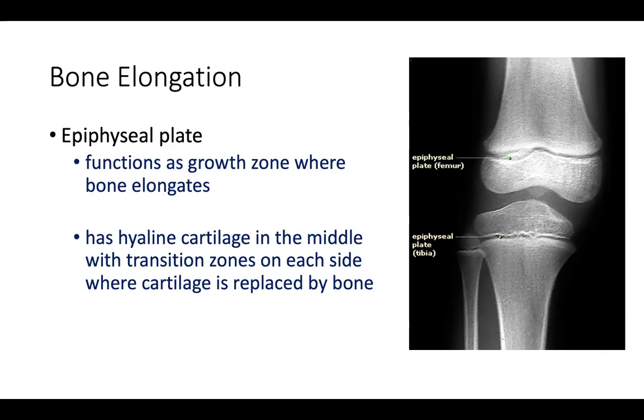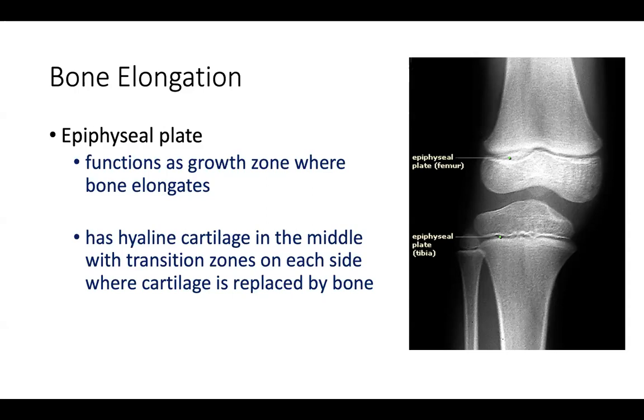It's an area of hyaline cartilage at the ends of your long bones, specifically. So hyaline cartilage is being replaced by bone over time. This would be a type of endochondral ossification or osteogenesis. You have cartilage being replaced by bone.